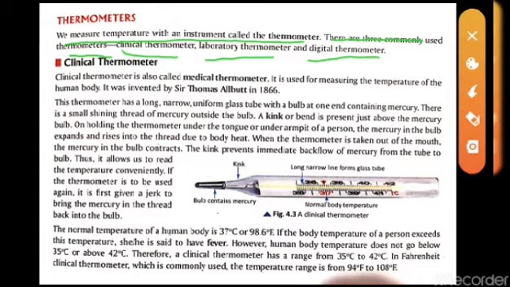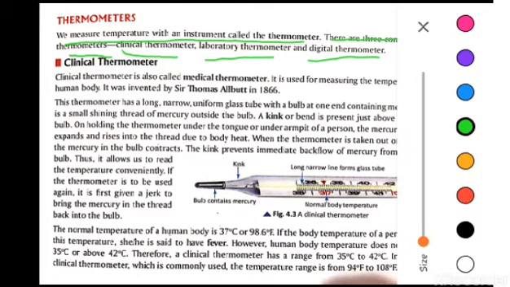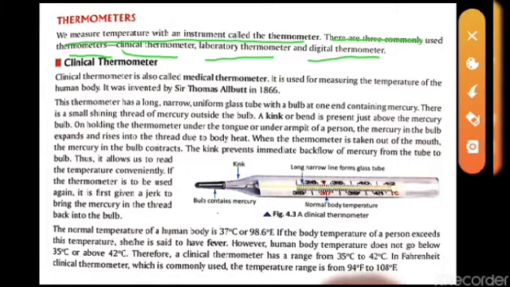From the name only we can identify that if it is written clinical thermometer, this thermometer is just used in clinics, that means for patients. The next one is the laboratory thermometer.